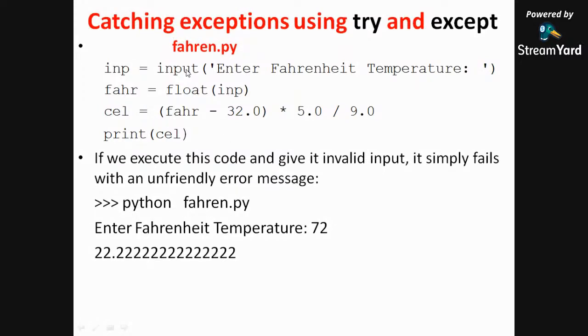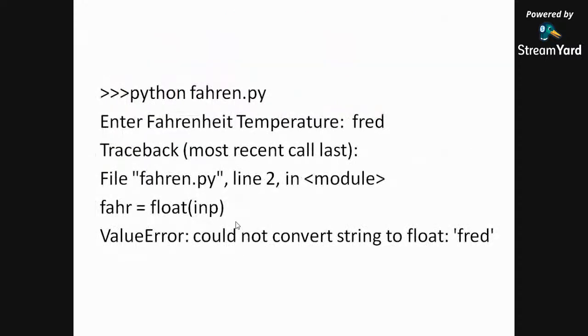For example, my program name is fahr.py. It asks the user to enter Fahrenheit temperature, I entered 72, and I get 22.222. This is the corresponding temperature in Celsius. Up to this point it works fine. But the user does not always follow the instructions.